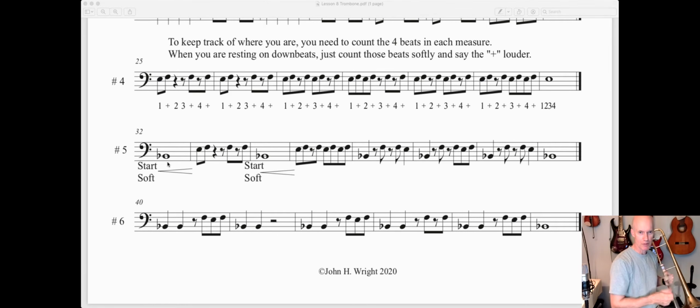Right? So the first couple of measures of number 5, you'd go.